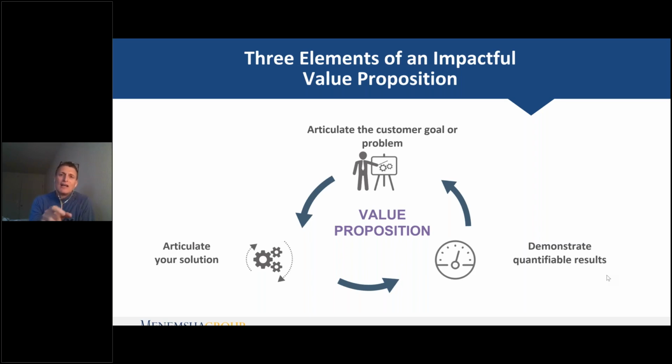I need to articulate the solution that we implemented. And by the way, the solution is not what our recruiters do to go out and find candidates. The solution is, what did our consultants do? What's the solution our consultants implemented to overcome that problem or pain point? And then what are the quantifiable results? How did the work of our consultants make a quantifiable impact on the customer's business?